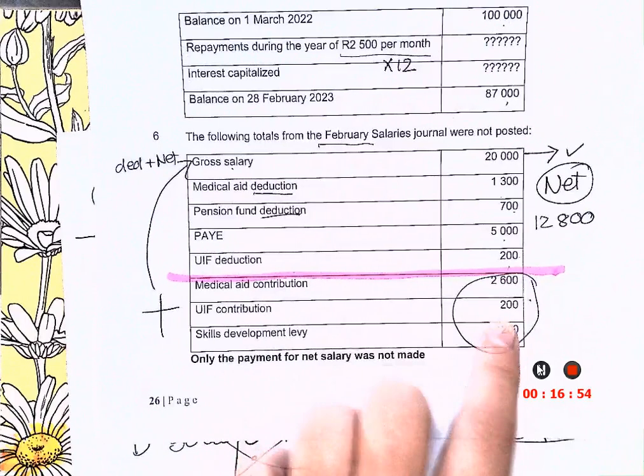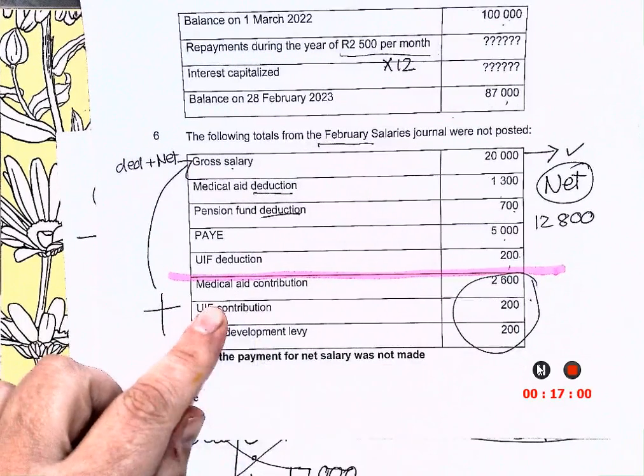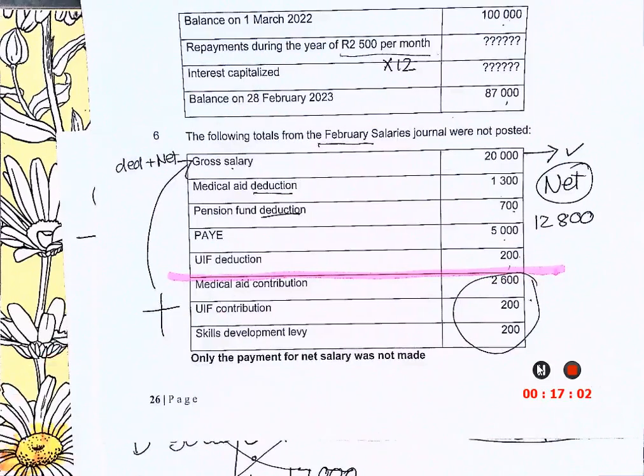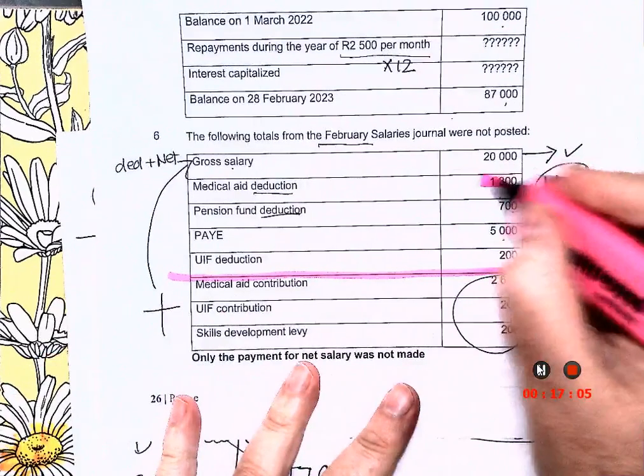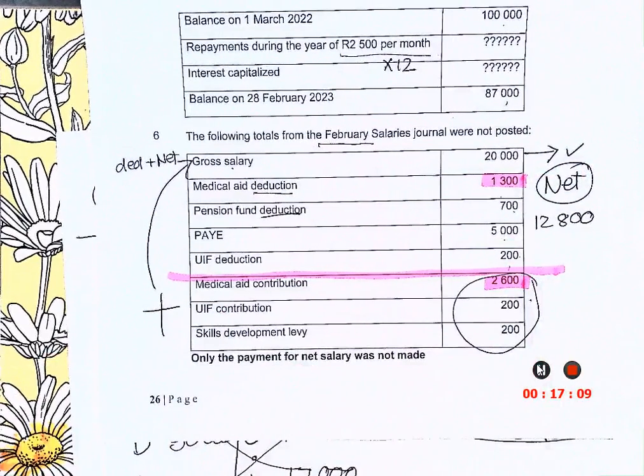But this money is still not going to be paid out to the person. It's going to be paid over to the medical aid. In other words, in this guy's name, we take 1,300 from him, we give 2,600. So 3,900 is paid over to the medical aid in his name.